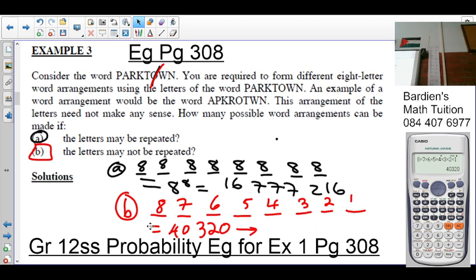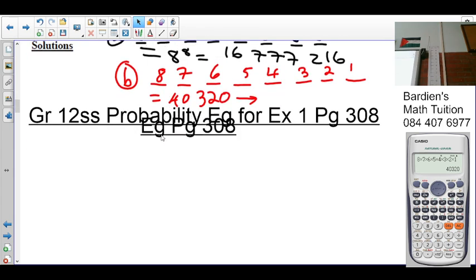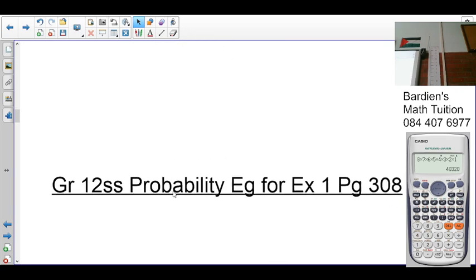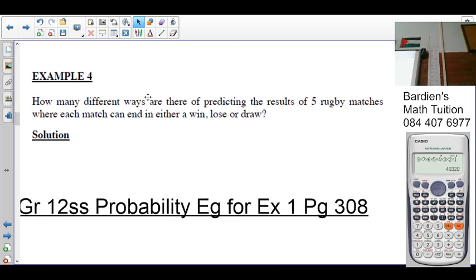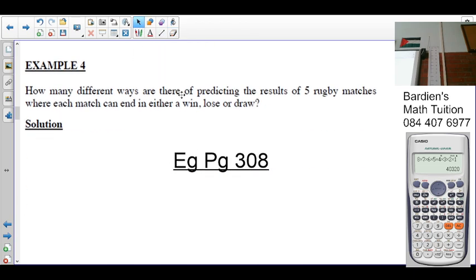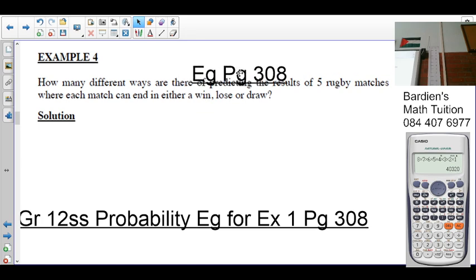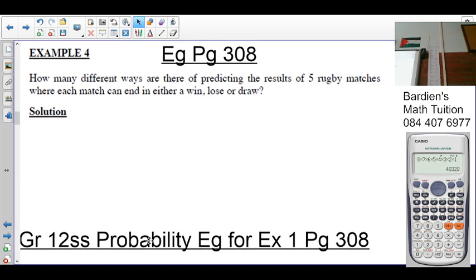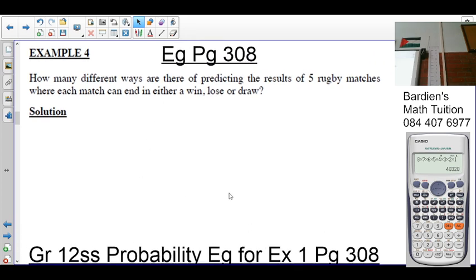Maybe just do the next one quickly. Now this still forms part of this example 4. I want to know how many different ways there are of predicting the result of 5 rugby matches, where each match can end either in a win, a draw, or a loss.